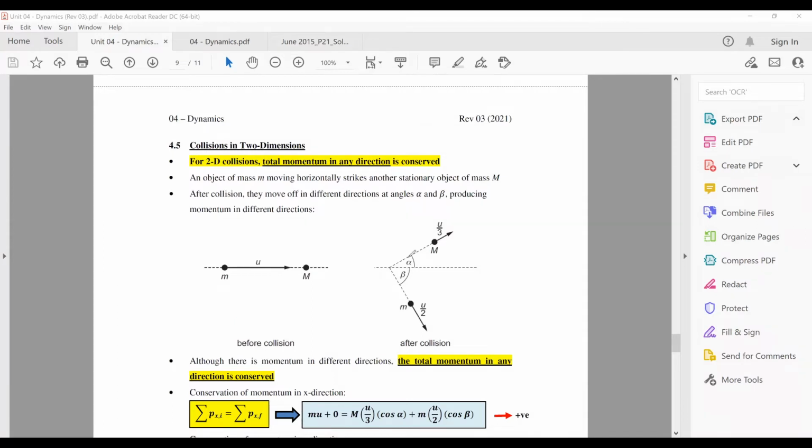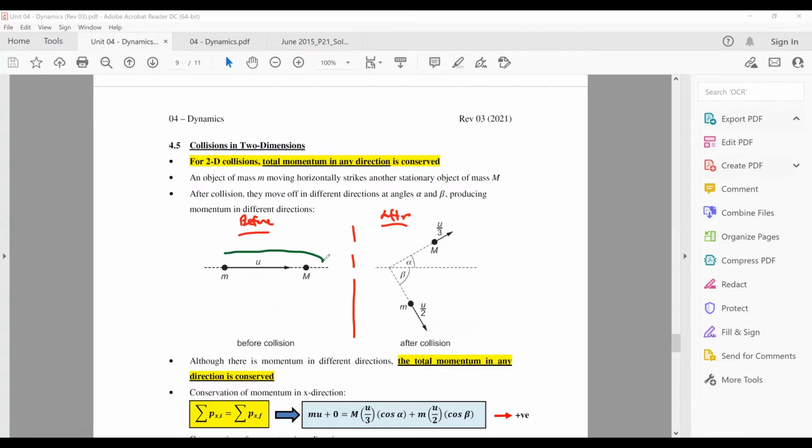Now if I look at these two diagrams, before and after, let's just say right now I don't want to resolve them into any direction. I don't want to do any calculation. I just want to know what the momentum is as it is in one direction.